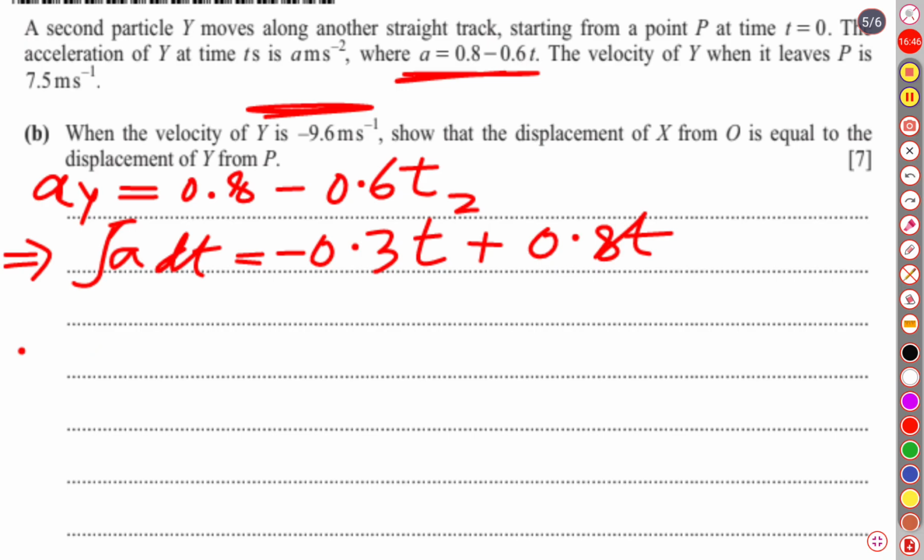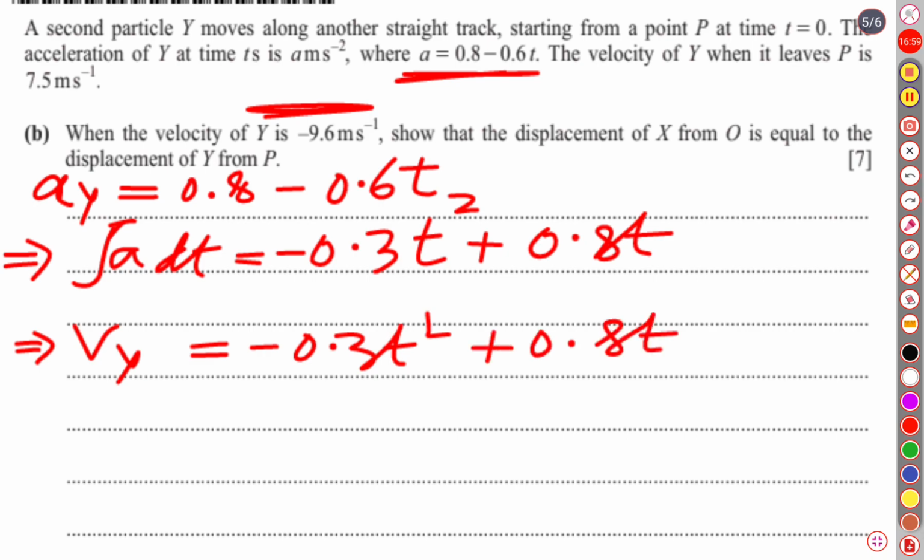this is the velocity of particle y: negative 0.3t squared plus 0.8t. That means it's a negative quadratic graph. Well, now look at this, here we forgot to write something. The constant value should be written, because we don't know what was the initial velocity when it started.